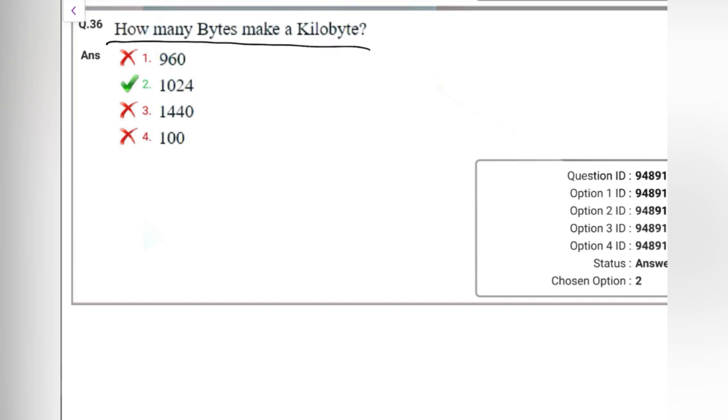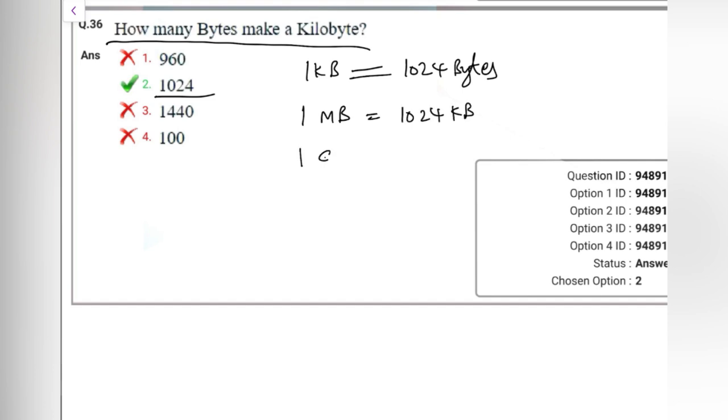How many bytes make a kilobyte? 1024 bytes make a kilobyte. 1 kilobyte is equal to 1024 bytes, 1 megabyte is equal to 1024 kilobytes, 1 gigabyte is equal to 1024 megabytes, and 1 terabyte is equal to 1024 gigabytes.